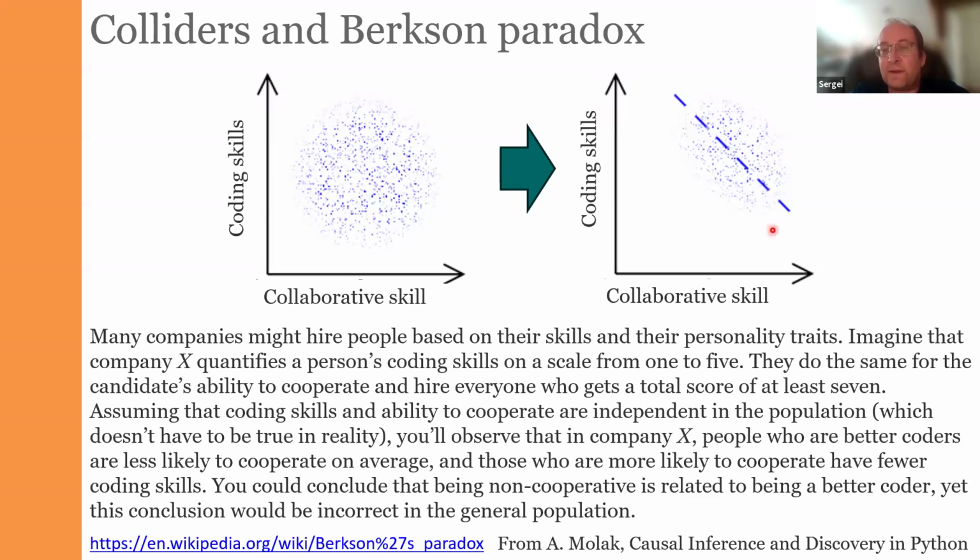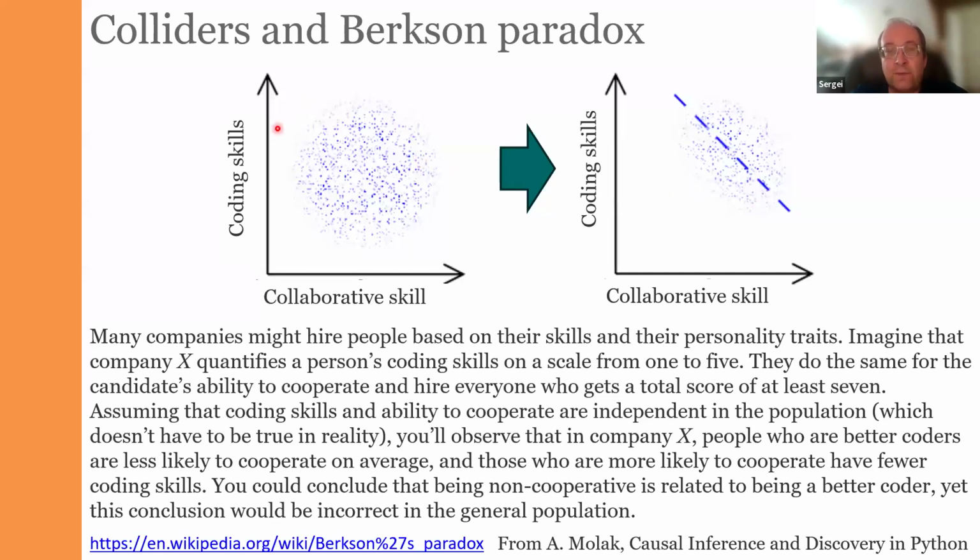The answer is, let's look at how the hiring process has been done. If we hire people based on the combination of their coding skills and their capability for teamwork as a sum, we are always going to have this behavior.